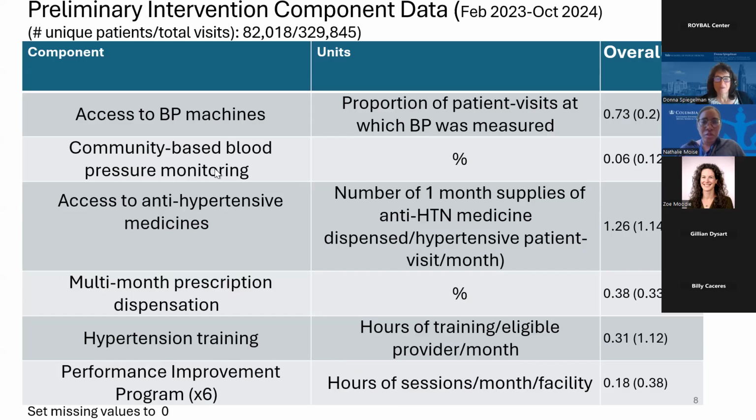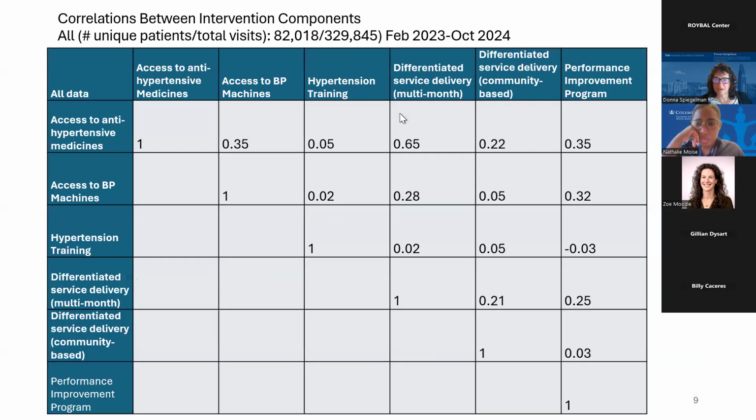Of course, most of these would be 0 in the control group, although there was still some blood pressure being measured in the control group and some dispensation of medicines, even without the intervention. And then another thing we have to look at, and this is tricky, because if you design a study where everybody has to do 4 things exactly the same, and everyone adheres completely, we wouldn't have the ability to estimate the independent component effects.